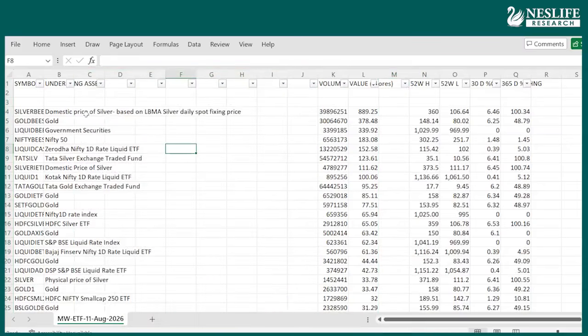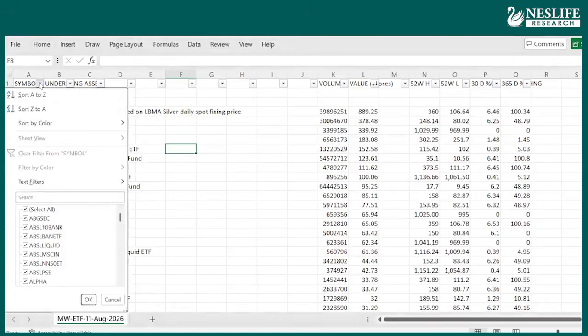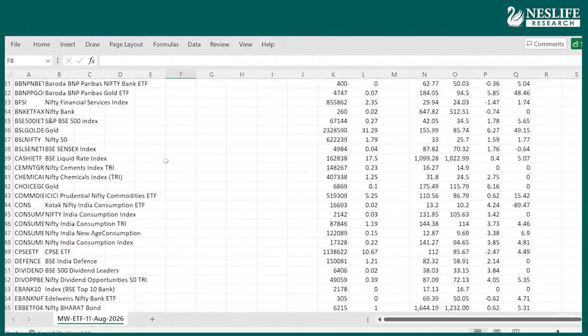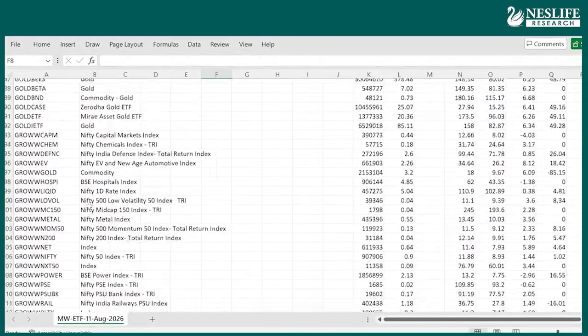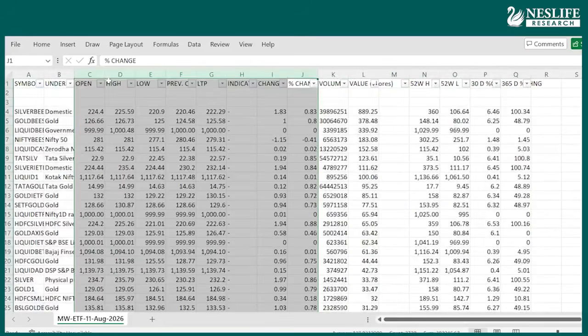Okay, and then we can sort by index as well. Let's say you want to find only the Nifty 50 index. Where is Nifty 50? First sort by A to Z. Then we have to sort by underlying asset.